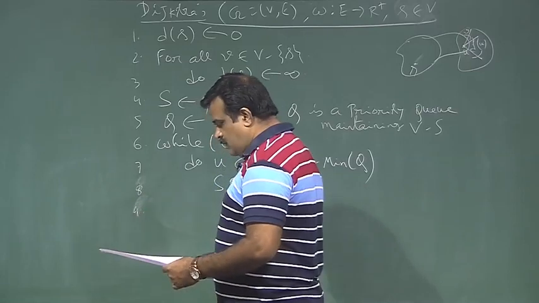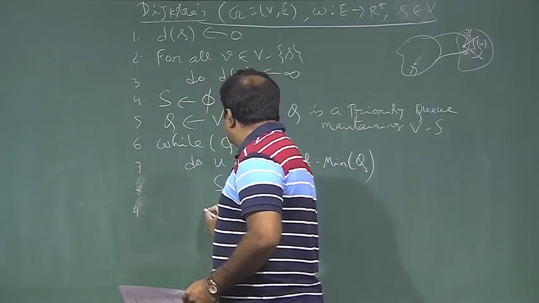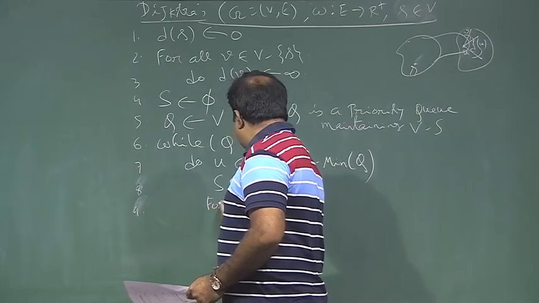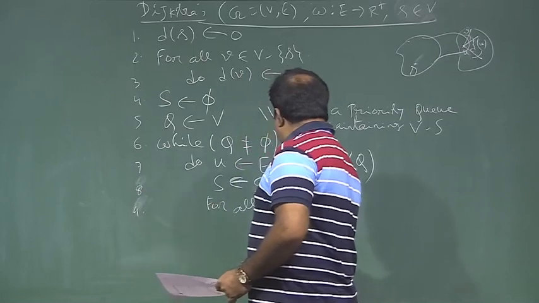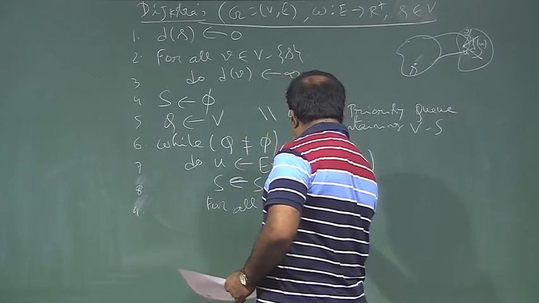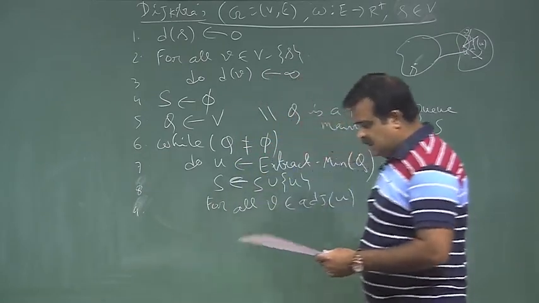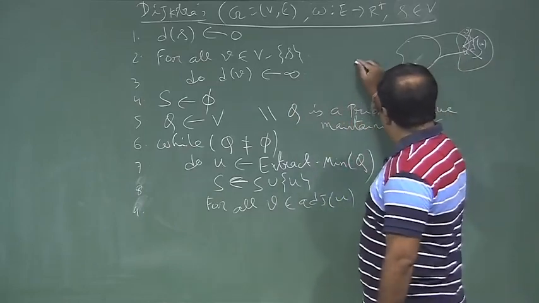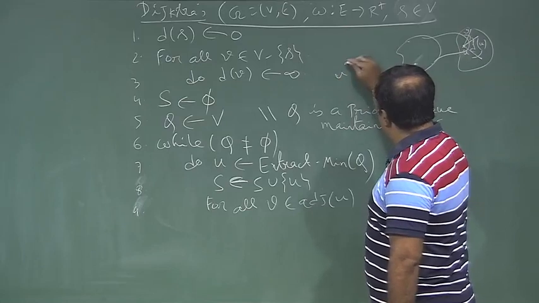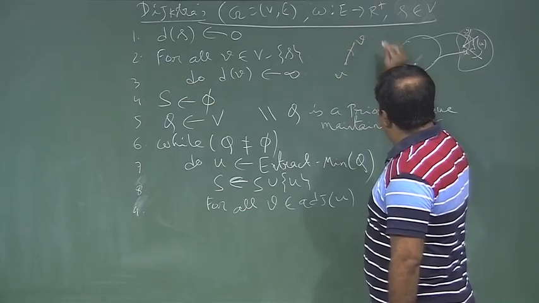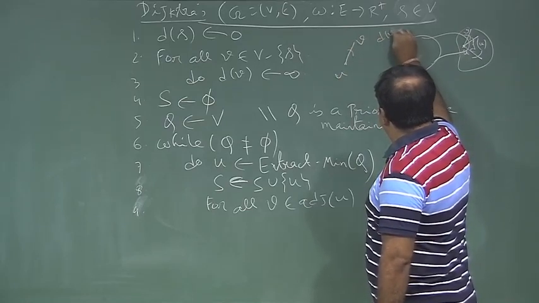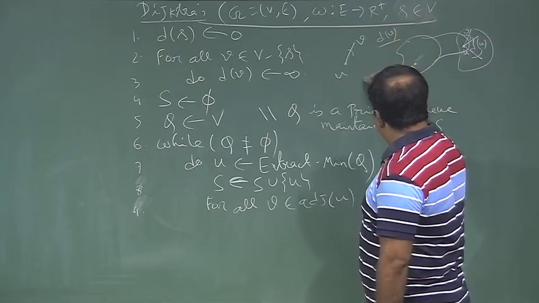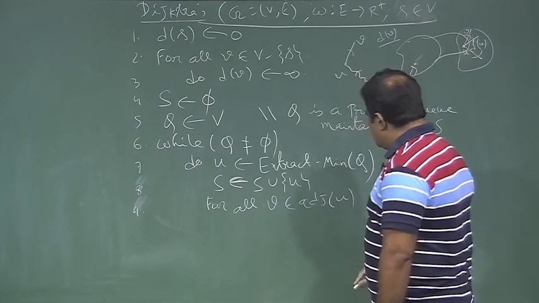So, for all vertices V in the adjacency list of U, suppose this is our U, now this is one of the V, and it had a distance estimate d of V. Now this is our S somewhere here.